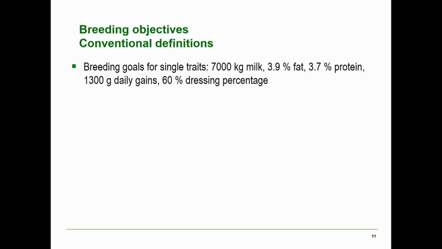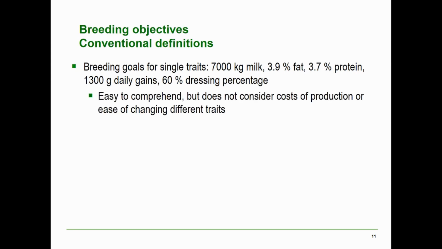We want to reach some other thresholds, for example, in a pig population. The advantage of these is that they are easy to comprehend, but they do not consider certain key aspects of breeding that also need to be taken care of.